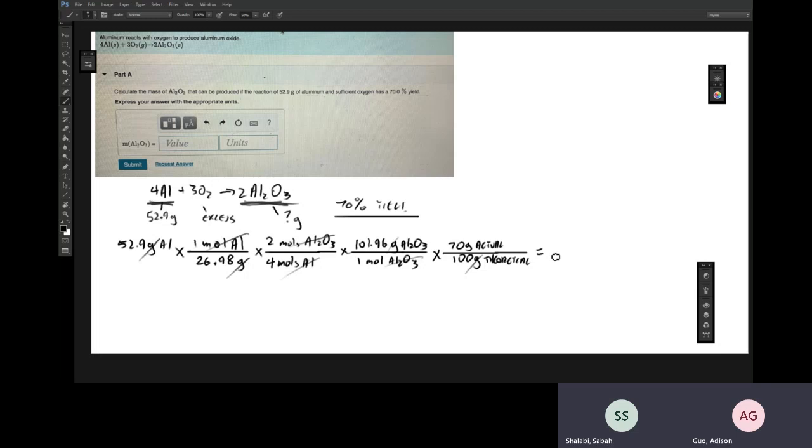So this would be just doing the math. Times 2 divided by 4 times 101.96. And then times 70 divided by 100.